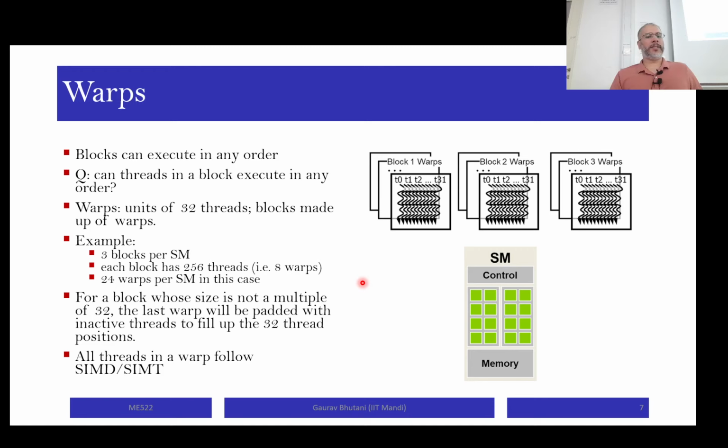In the case of a GPU, you sometimes also call it single instruction multiple threads. So you send one instruction and all the threads in the warp execute in one go, typically. So warps are definitely working in parallel. I said blocks can execute in any order, but the unit warp, which is 32 threads, will happen in one go in terms of time.